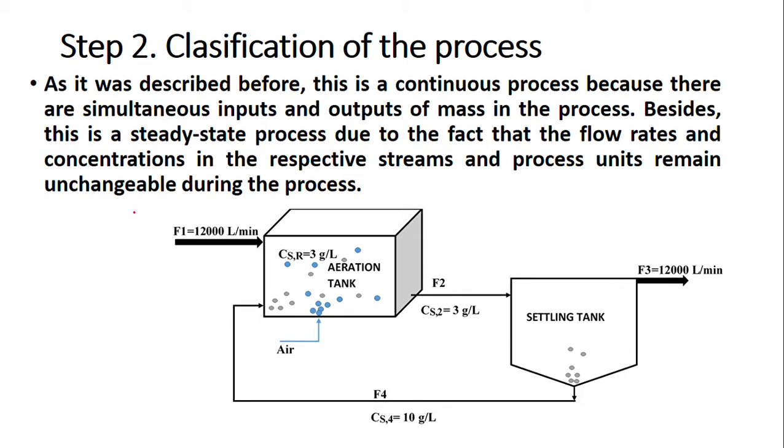As we can see, F1, the wastewater to be treated in the aeration tank, has the same value as F3, the treated water. This is established because this is a steady-state process.